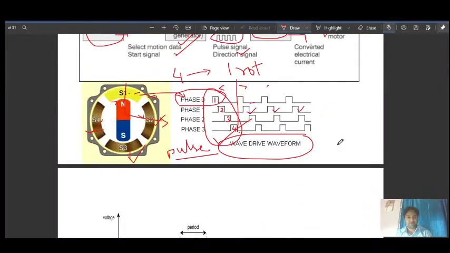So here what we have got is that each pulse causes the movement of one step angle. As you can see here, we have 4 step angles.